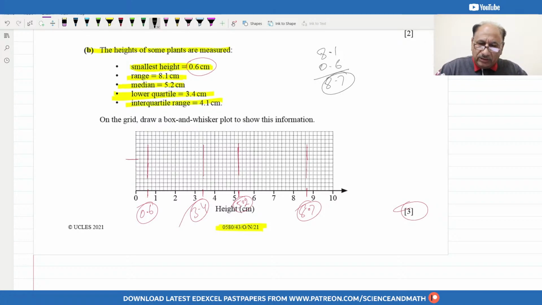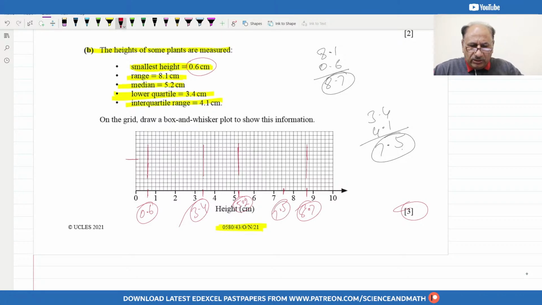So lower quartile is 3.4 and we add the interquartile range in this, it will be 7.5. So 7.5 will be the upper quartile. So 7.5 will be here, and I'm indicating it, and we will take the upper quartile like this.